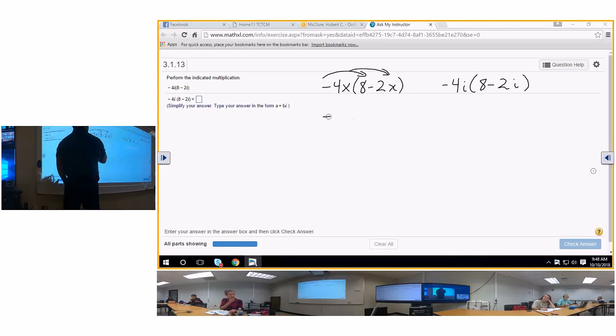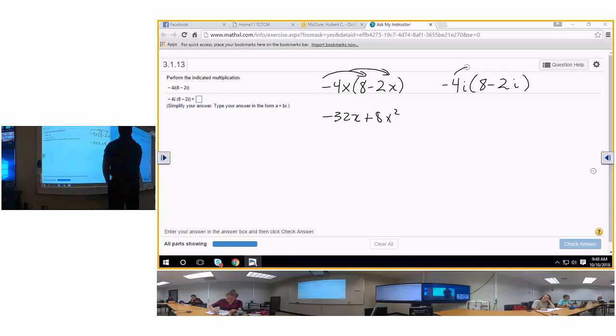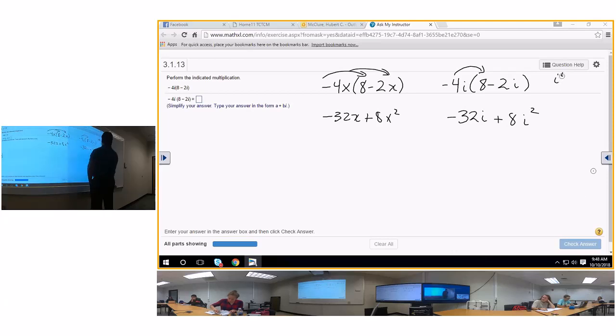That's going to be -32x plus what? 8x squared. You'll check me. Here, -32i plus 8i squared. Now, the only difference between these two, the algebra is the same. The only difference here is I squared is equal to -1.